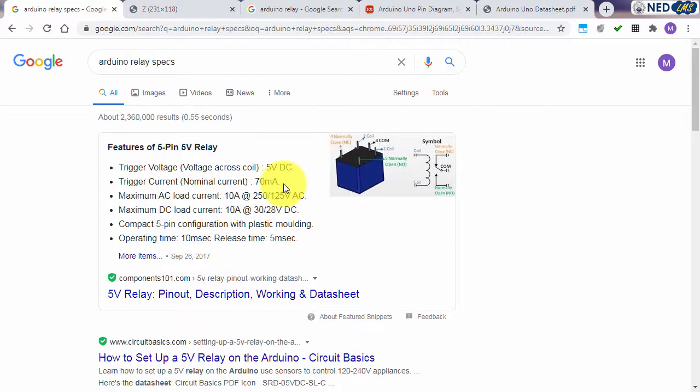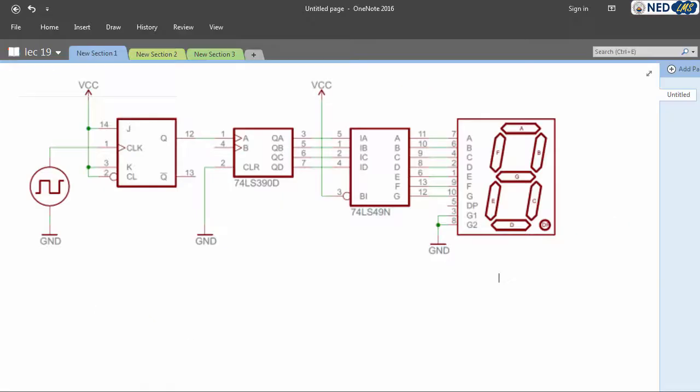So before answering this question, we must understand the concept of fan out and fan in. In a digital circuit, fan out means the maximum output current per output pin.